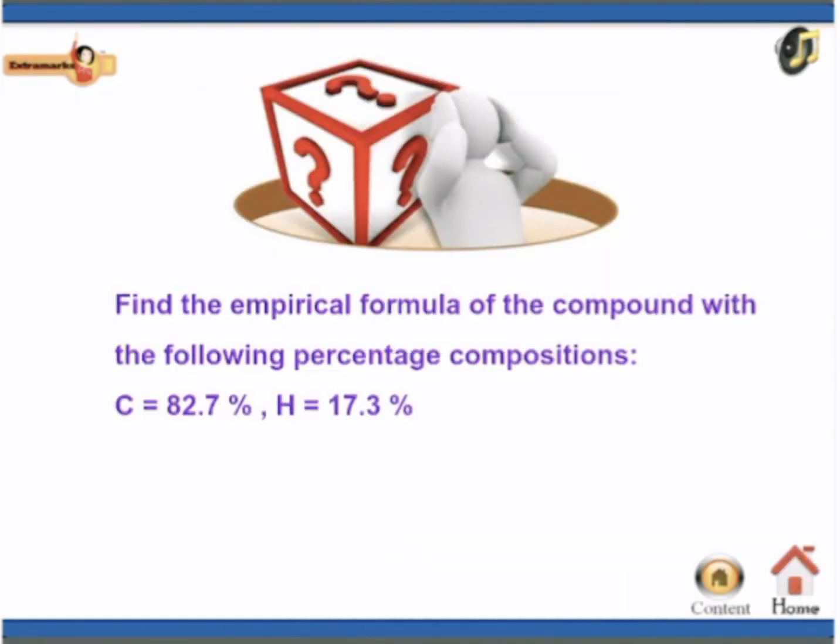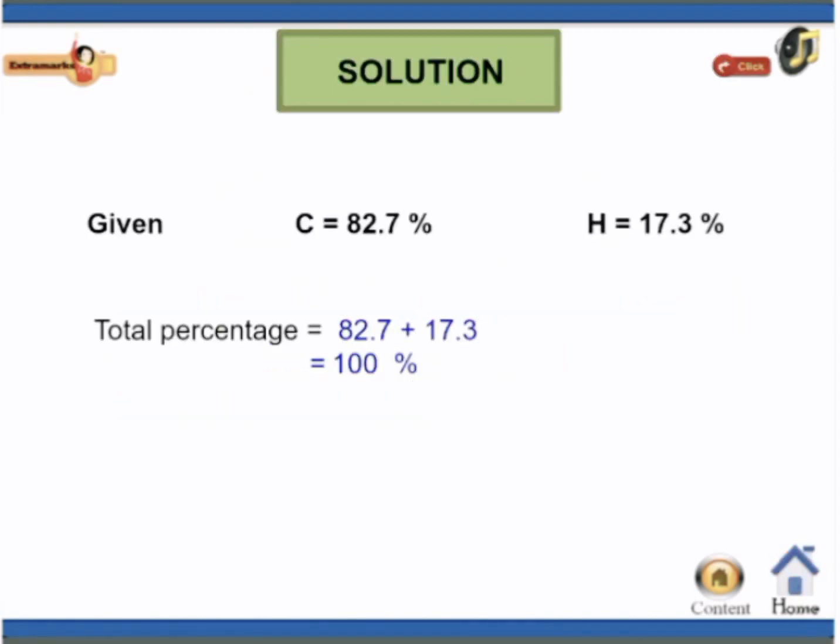Let us solve another numerical. Find the empirical formula of the compound with the following percentage compositions. Carbon 82.7% and hydrogen 17.3%. The given numerical can be solved by following the given set of steps.